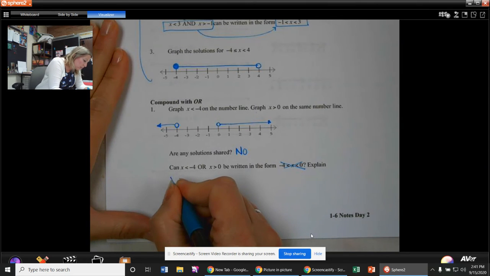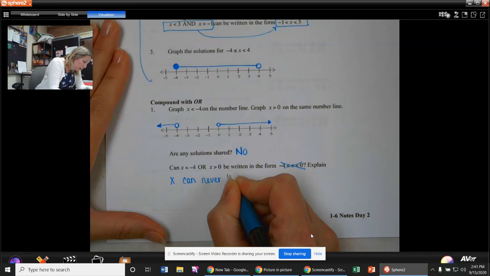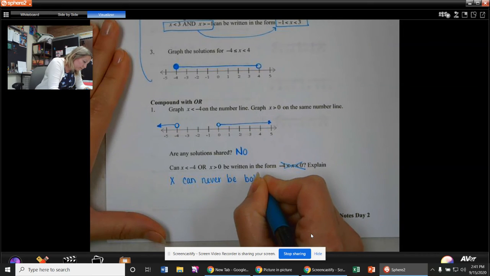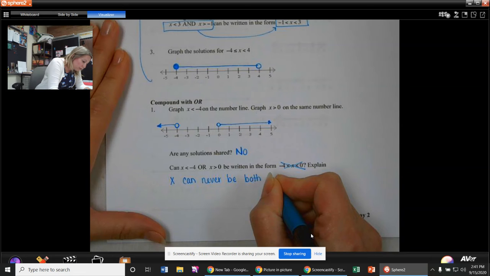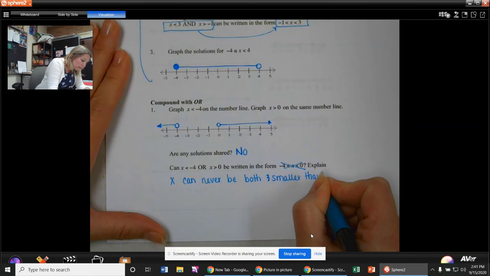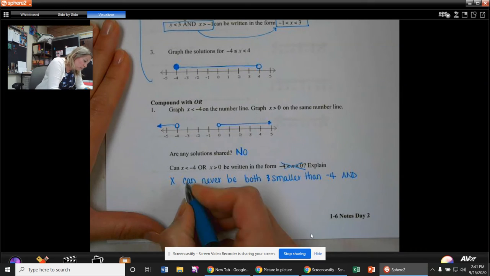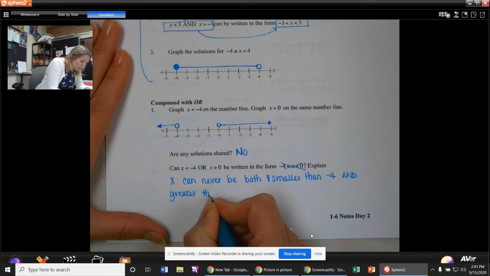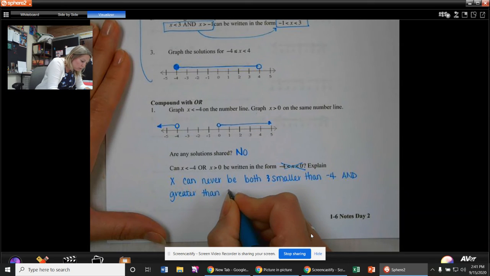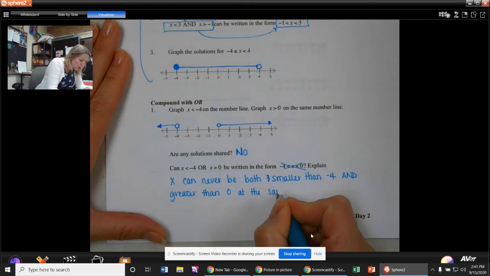So X can never be both smaller than -4 and greater than 0 at the same time.